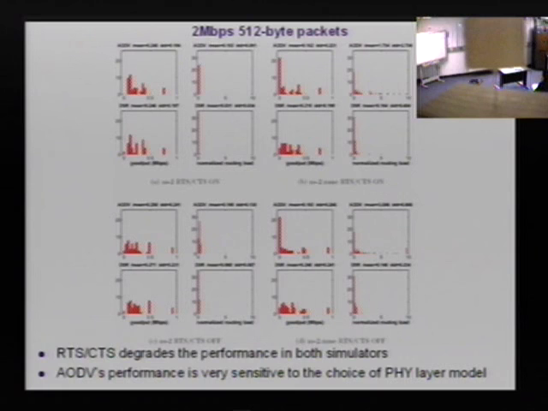You aren't really drawing conclusions so much from the height of the bars; the one conclusion was that RTS-CTS improves performance. It doesn't improve performance here. No, I don't look at the previous one when I'm talking about RTS-CTS.